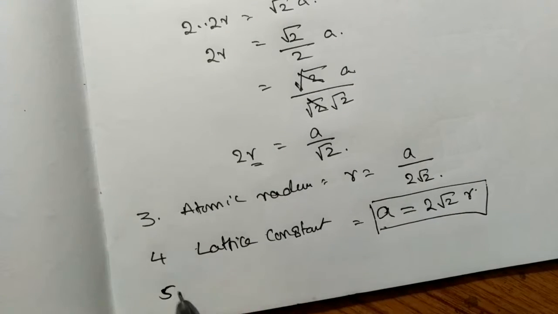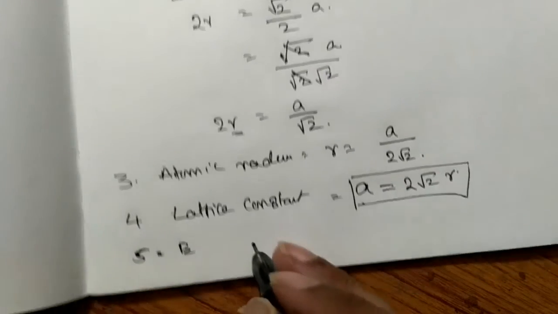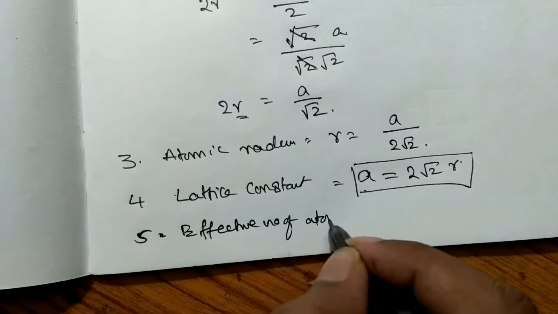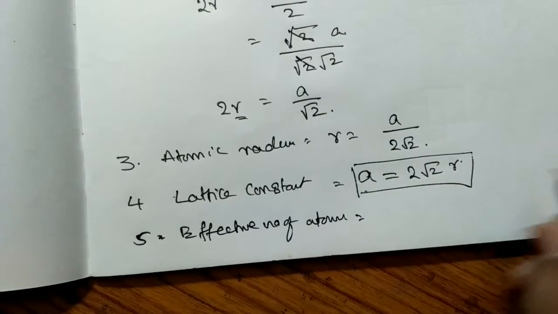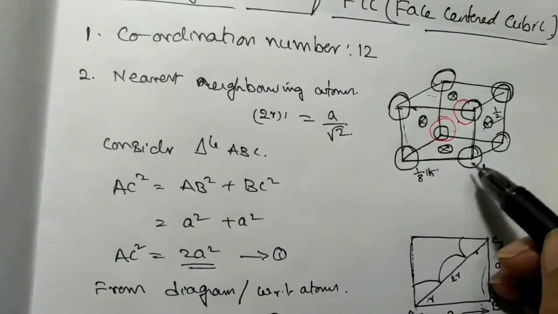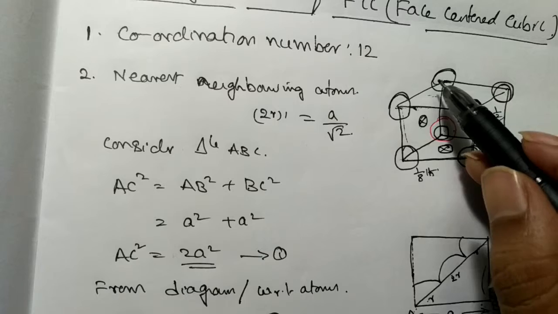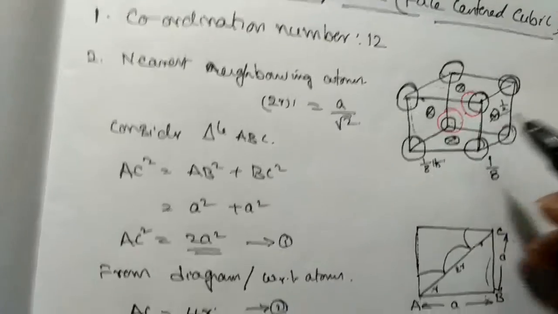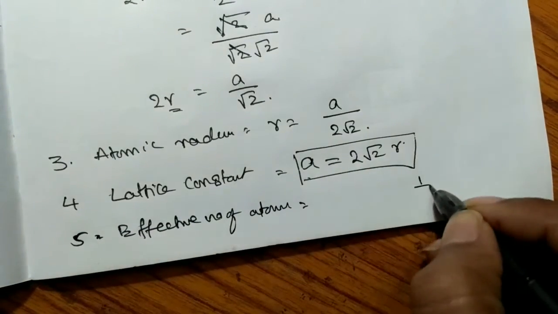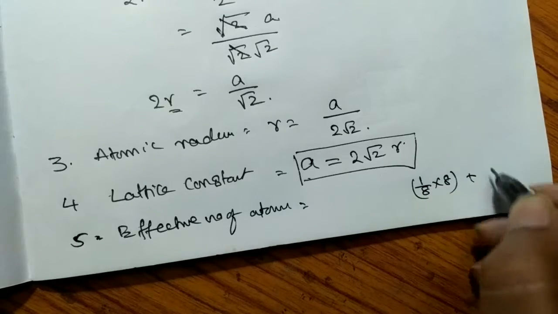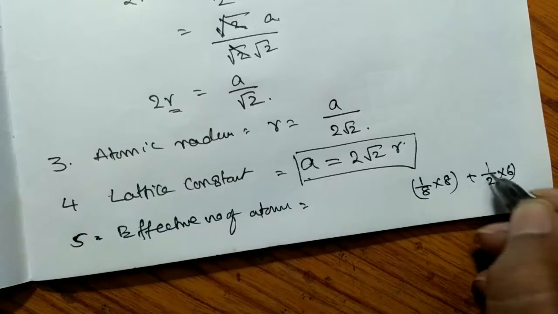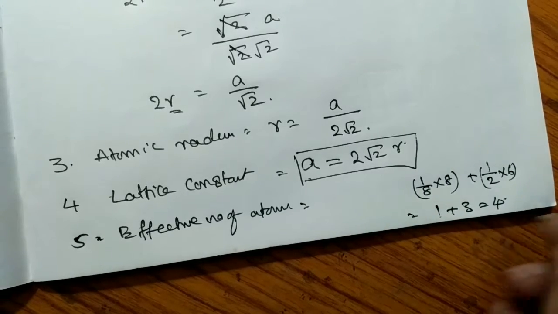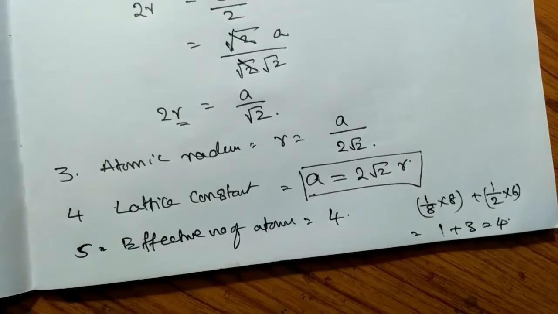The fifth one is the effective number of atoms. Effective number of atoms means here you have to consider 1 by 8th part of each corner atom. That means 1 by 8th parts are 8, and the half parts are 6. That means 1 by 8 into 8 plus 1 by 2 into 6, that is equal to 1 plus 3, equal to 4 atoms present in this cell.